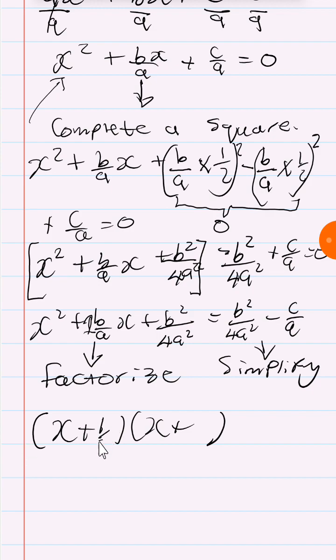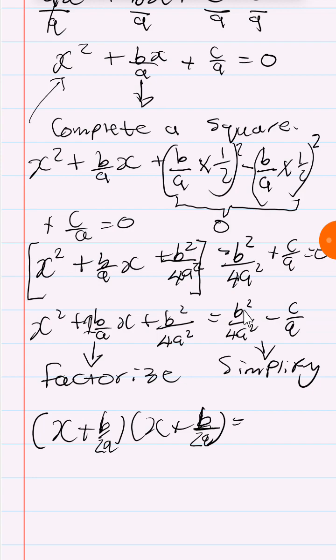So we have 1 over 2 on each side. Anything that is going to form b squared is b times b. Anything that is going to form 4a squared is 2a and 2a. Therefore we have that.